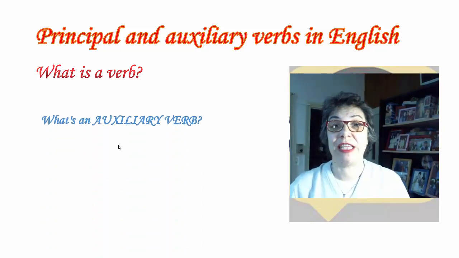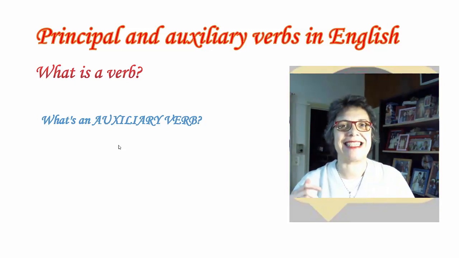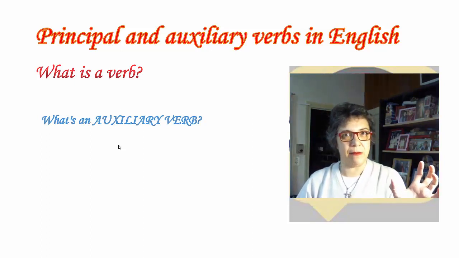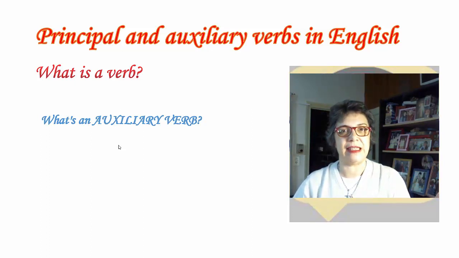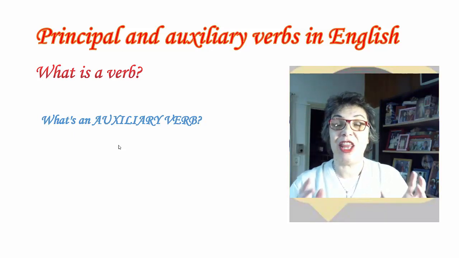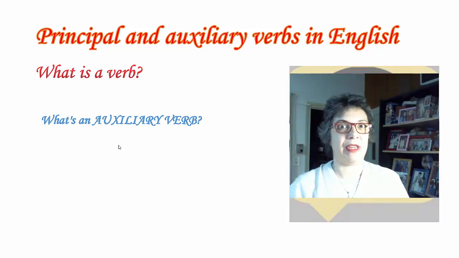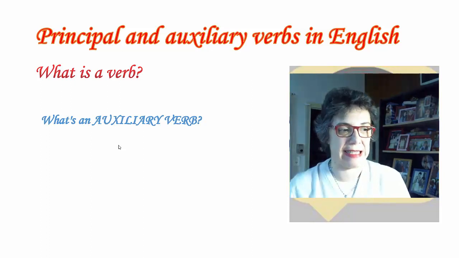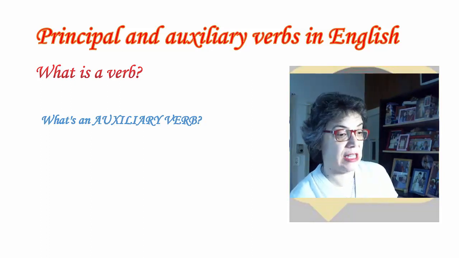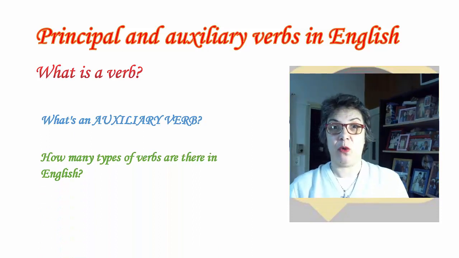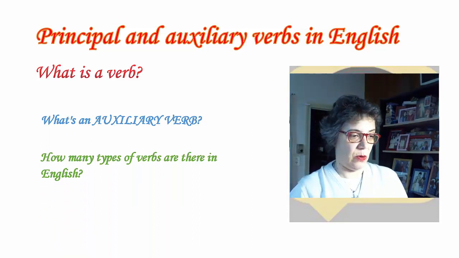And what is an auxiliary verb? The auxiliary verb is a kind of assistant. So the verb is the most important part of the sentence, but sometimes that principal part of the sentence needs something to assist it. That's the auxiliary verb. And that is what we are going to see in this video.